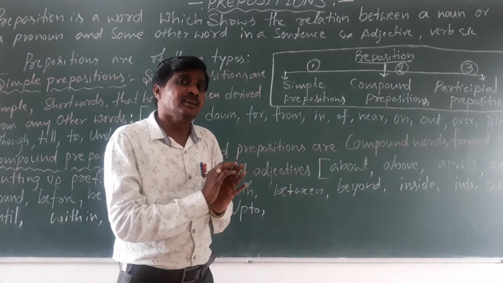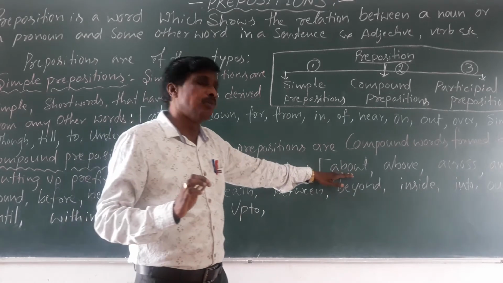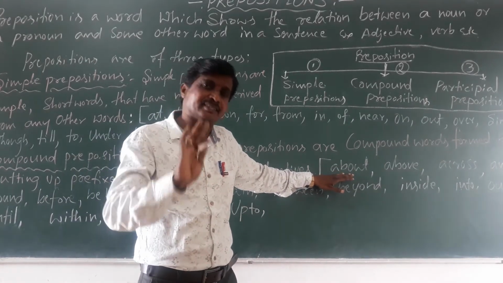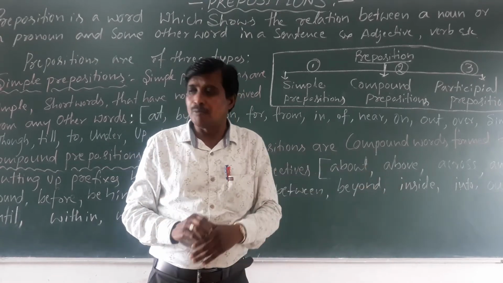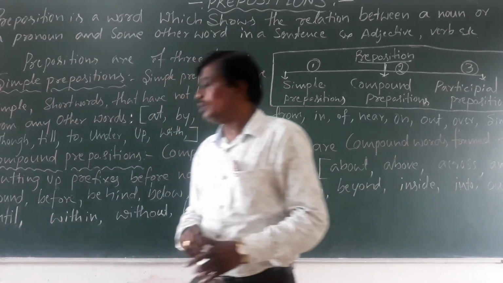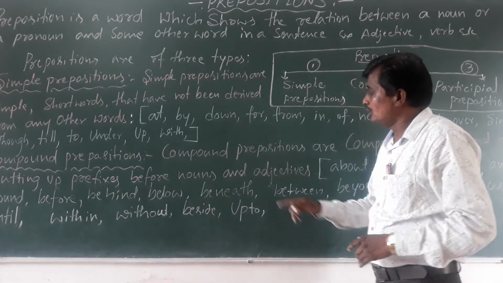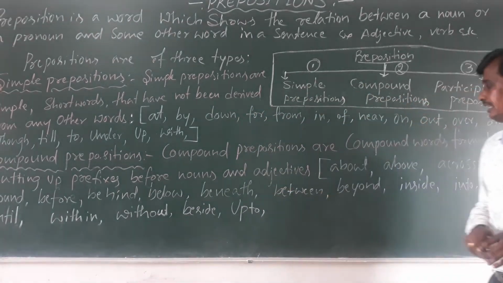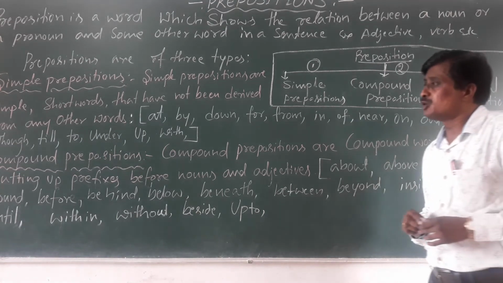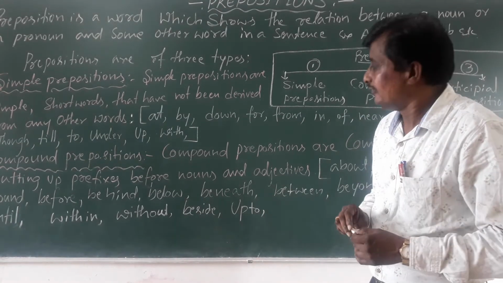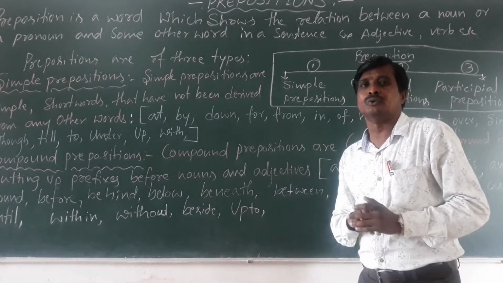Which are the compound prepositions? About, above, across, among, around, before, behind, below, beneath, between, beyond, inside, into, outside, until, within, without, beside, up to.